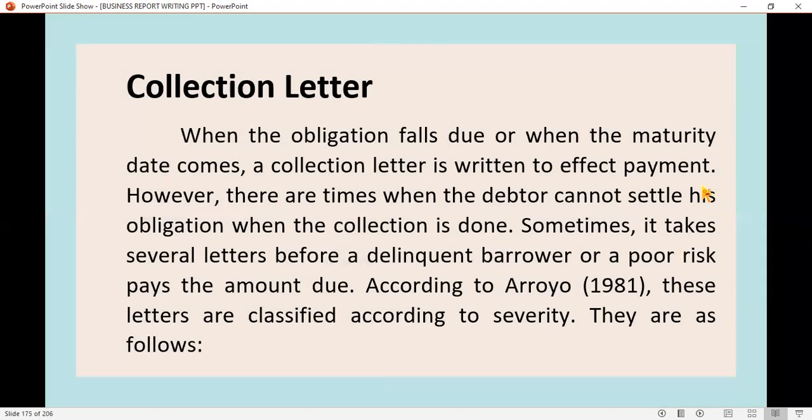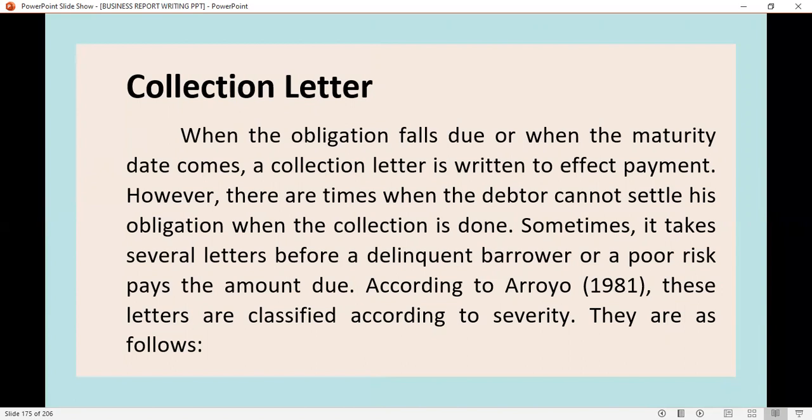Next, collection letter. When the obligation falls due or when the maturity date comes, a collection letter is written to effect payment. However, there are times when the debtor cannot settle his obligation when the collection is done.